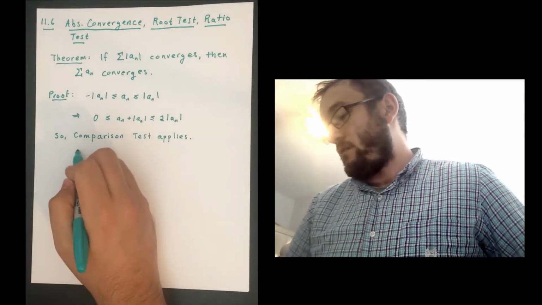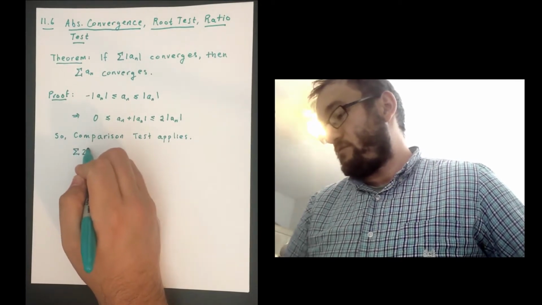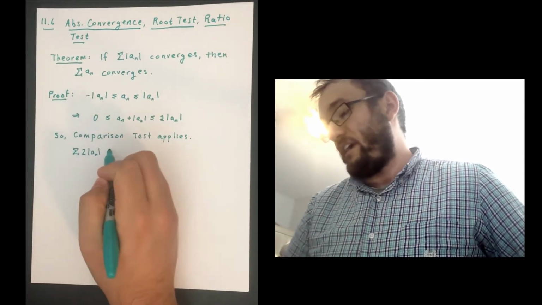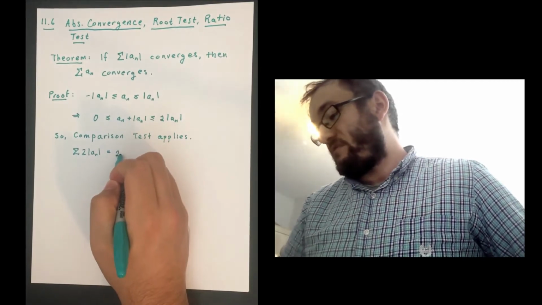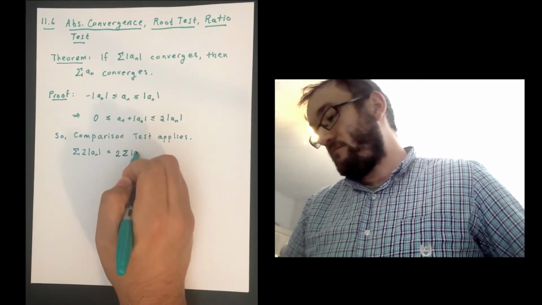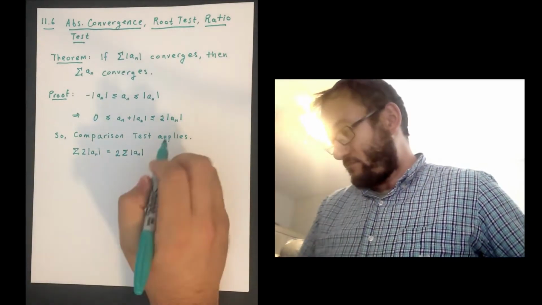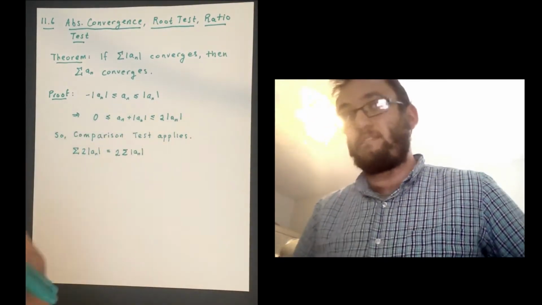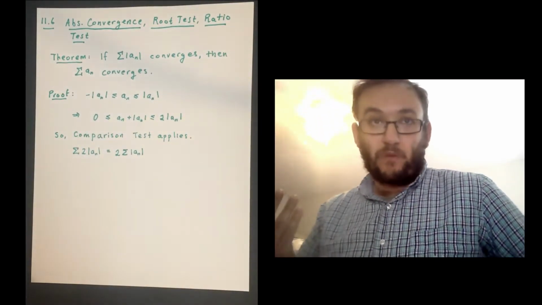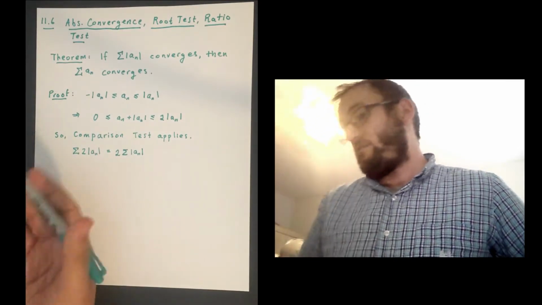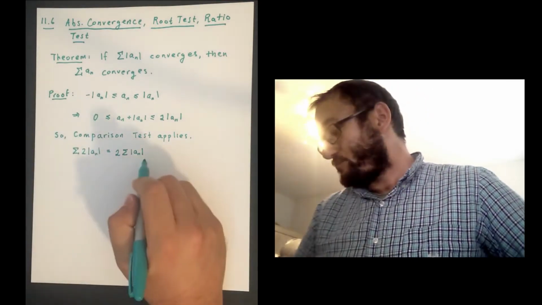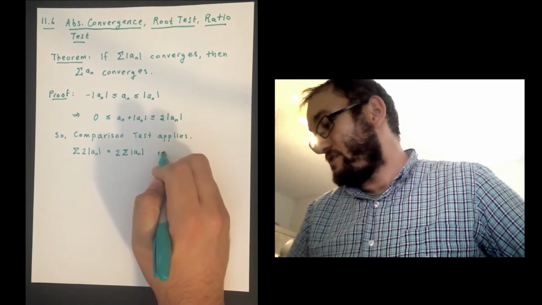Okay. The series of terms 2 times absolute value of a_n, well, we're allowed to factor that out by the laws of series. Whenever you have a constant multiplied by each term, assuming of course it's a convergent series, you can pull the constant out. So this is convergent.